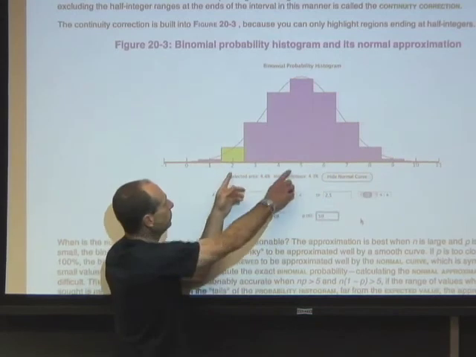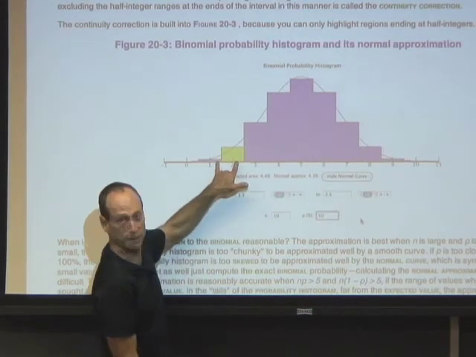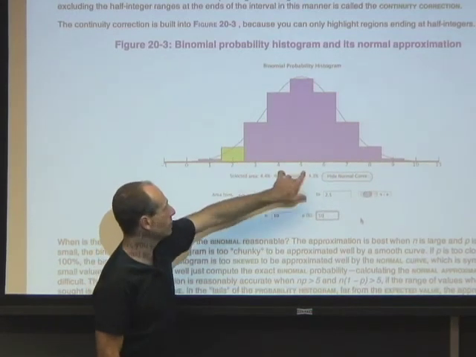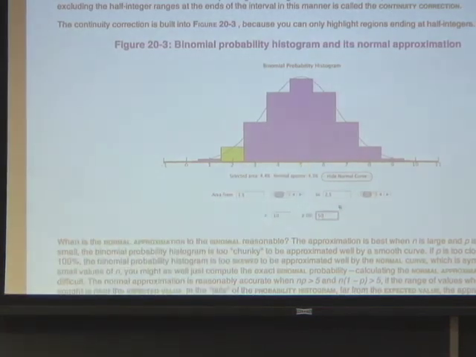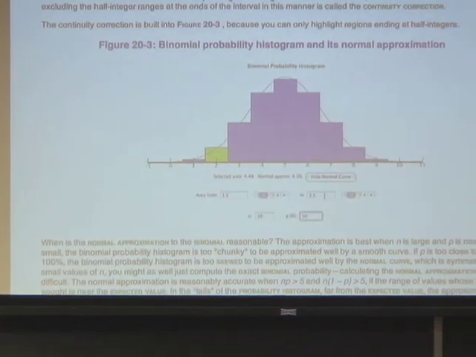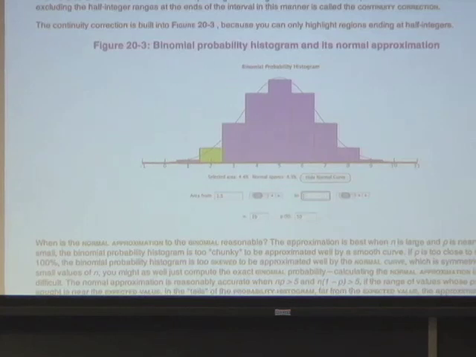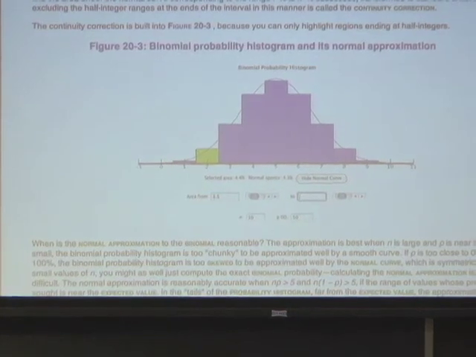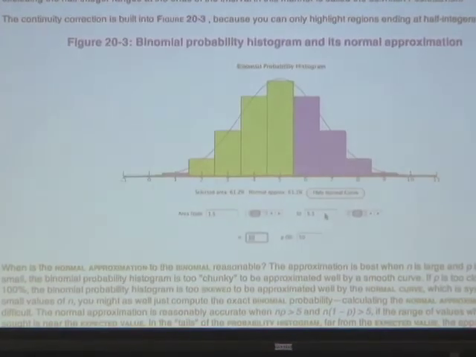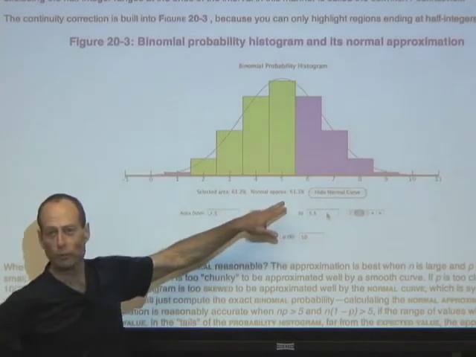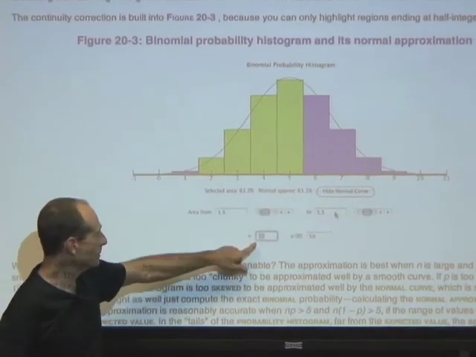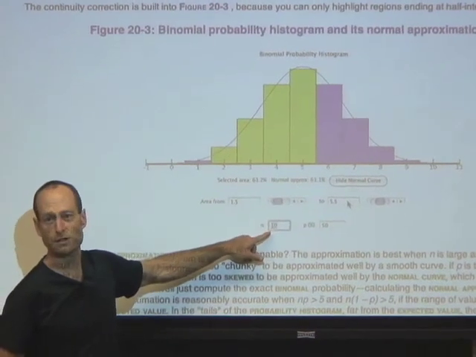Because if we want to include 2 at all, we want the whole bin that includes 2. If we want to include 5 at all, we want the whole bin that includes 5. Okay, so 61.2%, 61.1%. Not a bad approximation, and this is just for 10 draws from this box.